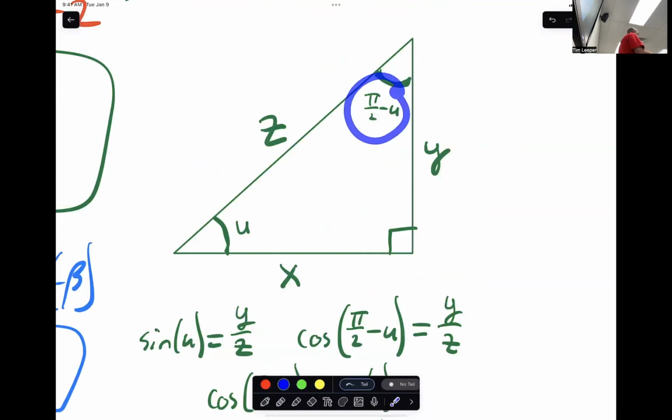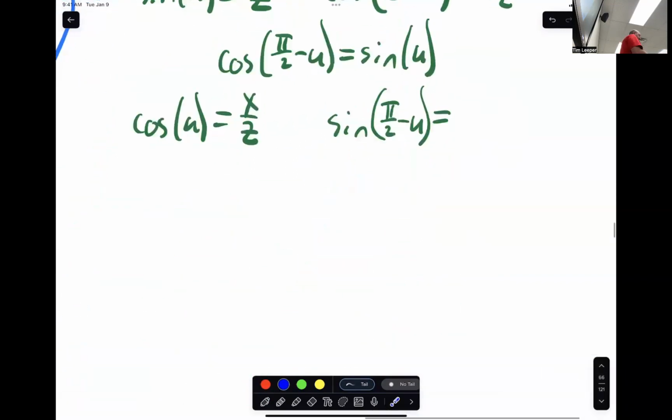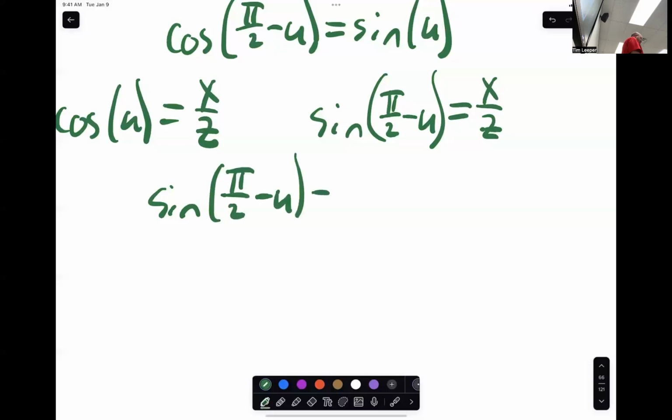The sine means opposite over hypotenuse. Opposite here is X, the hypotenuse is Z. So this is going to be X over Z. So as a result, sine of pi over 2 minus U is equal to cosine of U.